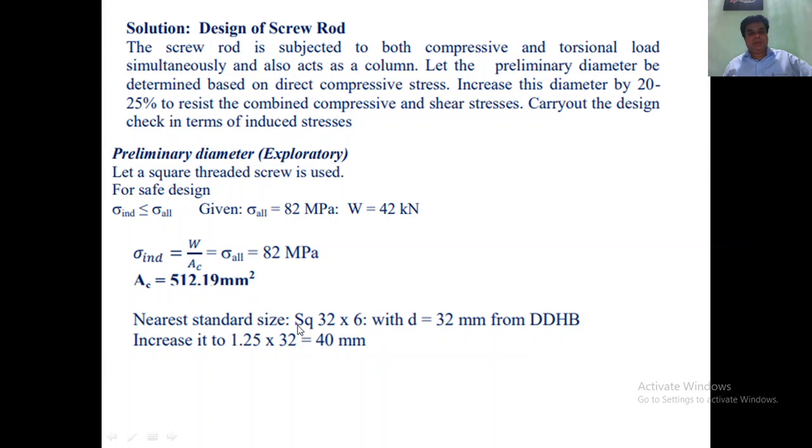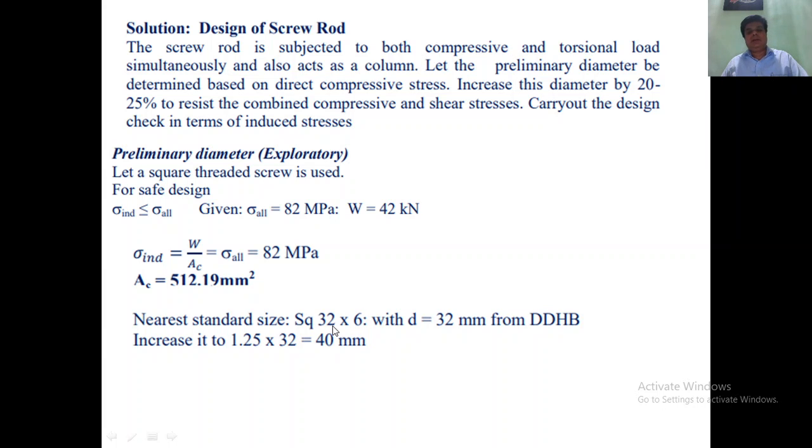When this area is 512 millimeter square, we get the diameter. So the diameter is 32 here. In the data handbook, we get the nearest standard size diameter of the screw thread as 32, and based on this diameter you can get the pitch also.